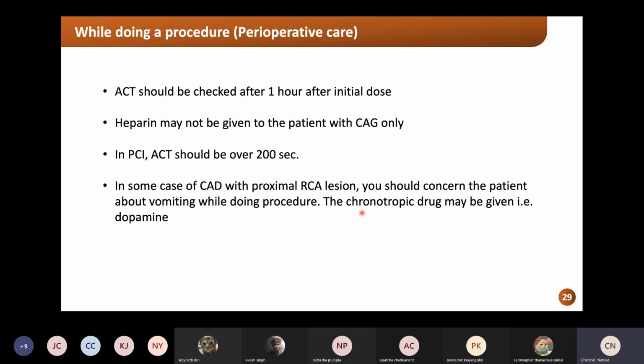You will see on the screen that the heart rate of the patient might slow, and you will see bradycardia as well. This is because the SA node lacks sufficient perfusion from the SA node artery branching from the right coronary artery, and you have to be concerned about that. So you have to prepare a bag to clean up the patient's vomit.